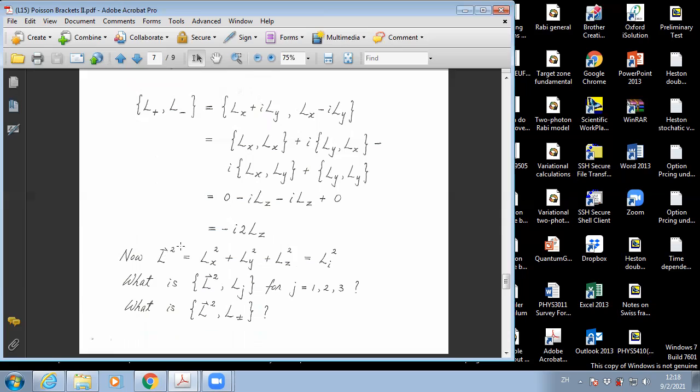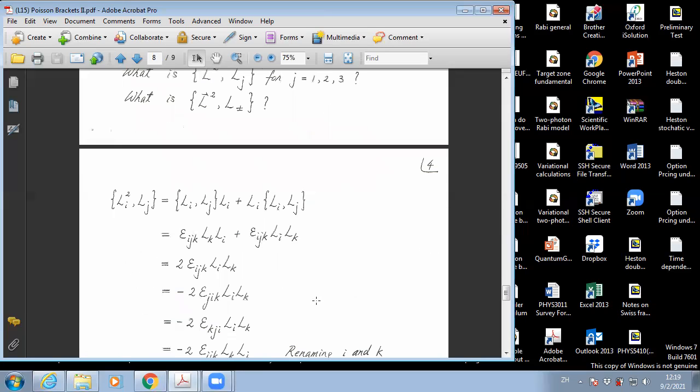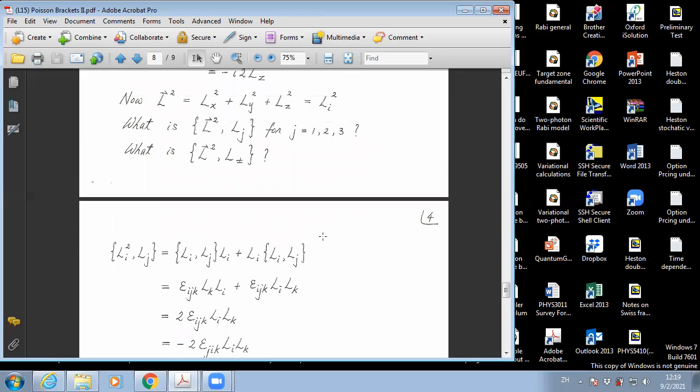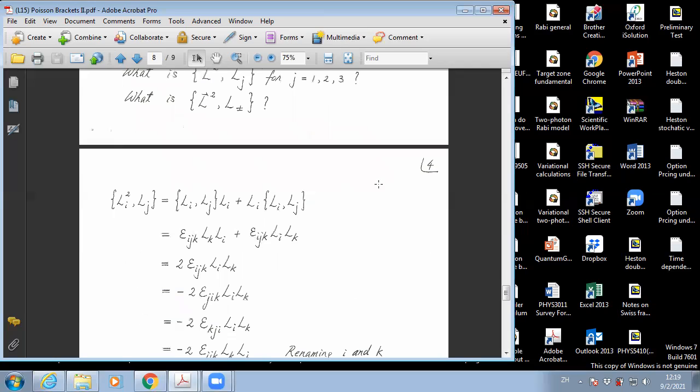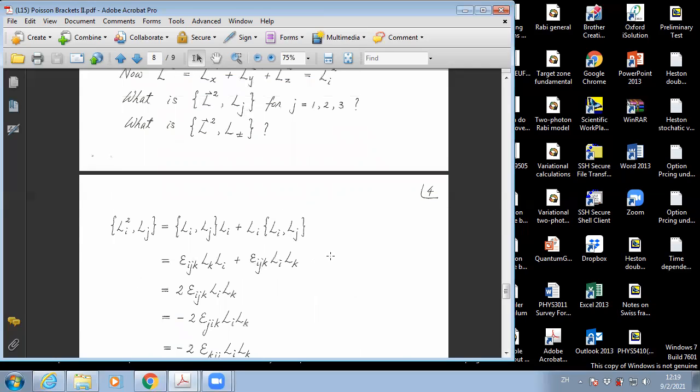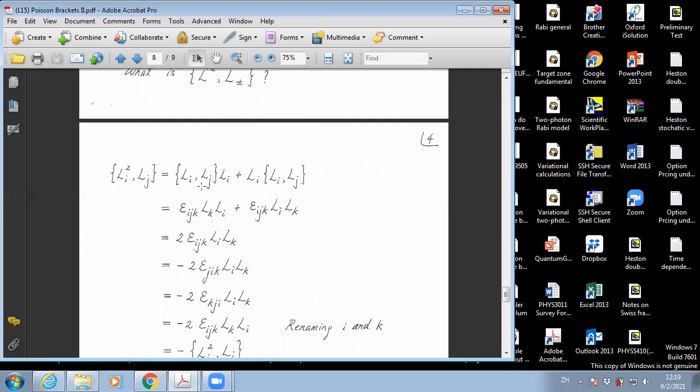How about L squared? That is equal to Lx squared plus Ly squared plus Lz squared, all right? If we want to compute the Poisson bracket between L squared and Lx, L squared and L plus minus, what do we get? {Li squared, Lj}, any one of the components. Then we just apply the fundamental relation between Li and Lj that gives you epsilon ijk Lk.